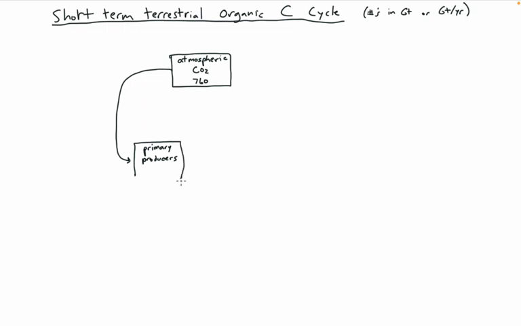Okay, and this reservoir of primary producers has a size of around 600 gigatons. So this is the photosynthesizing organisms. Some plants and algae and things like that can do photosynthesis. And unfortunately, we have this term primary producers or primary production.